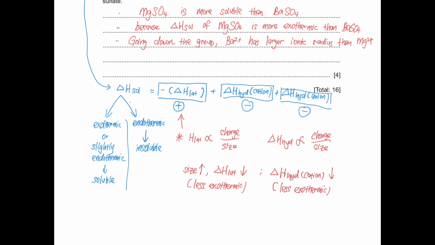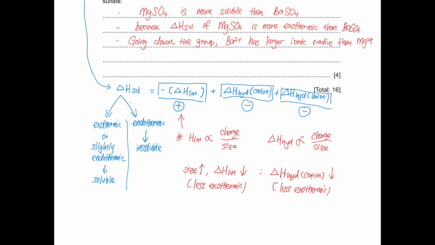Why cation? Because there is a change from magnesium to barium for the cation, but for anions there is no change at all because they are using sulfate.